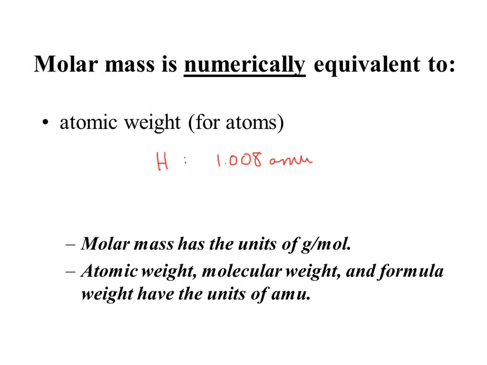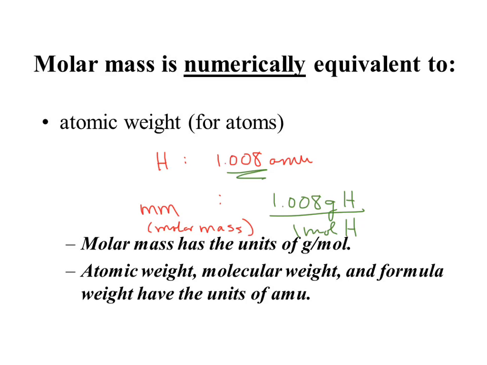We also said for hydrogen, its molar mass is the same number, but it's 1.008 grams of hydrogen per 1 mole of hydrogen. That's its molar mass. It's like a physical property of the elements. So molar mass, we said, was equivalent to the atomic weight for the atoms, but of course you have to change the units. Well, you know what's coming.